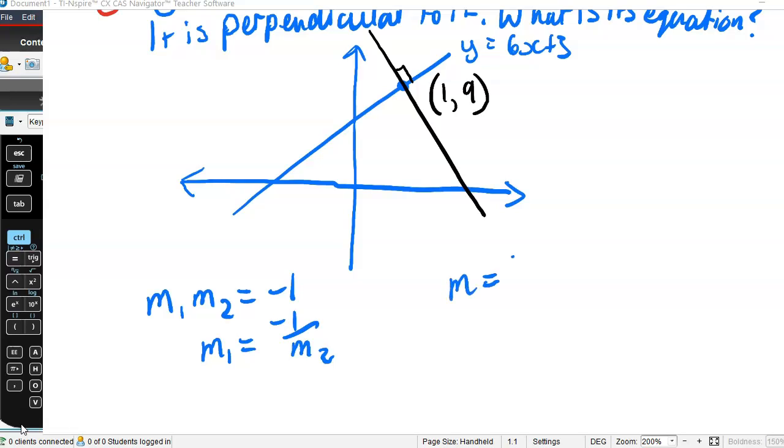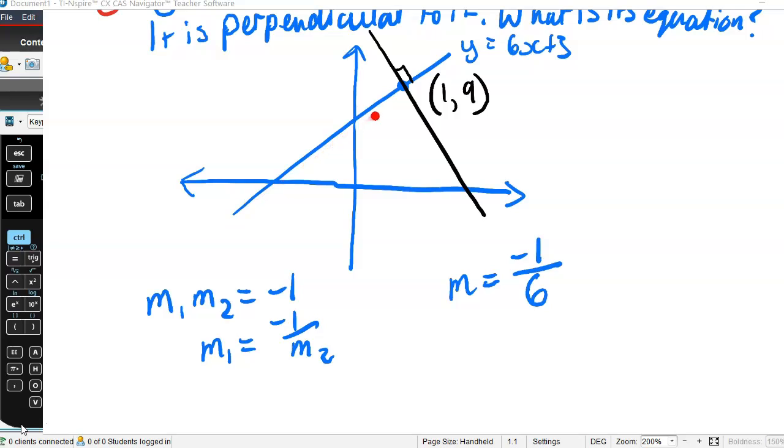So m equals -1 over 6. So that's the gradient of our new line. Makes sense, doesn't it?